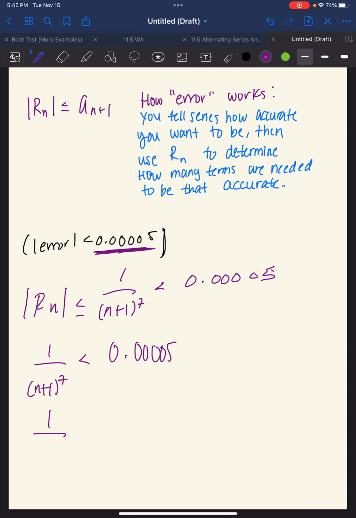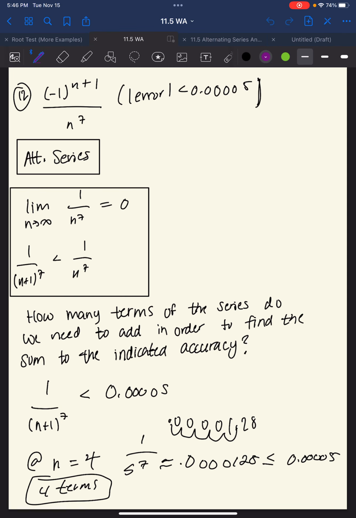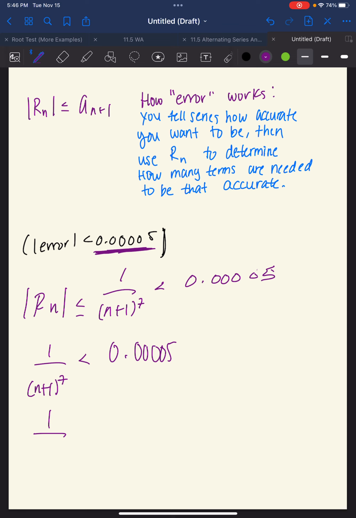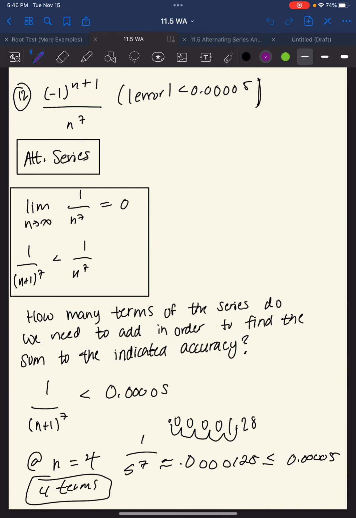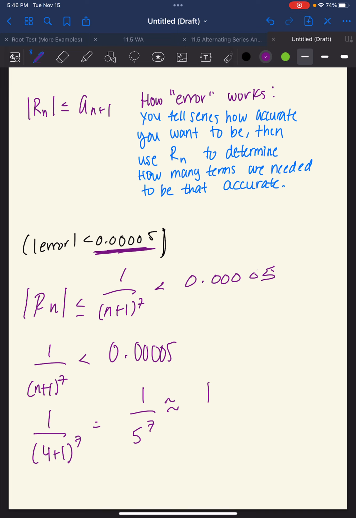So, 4 terms means n equals 4. So you have 4 plus 1 to the 7th, which is 1 over 5 to the 7th. And this is approximately, obviously use your calculator here. It gave me the result in scientific notation on Desmos, 1.28 times 10 to the negative 6th.